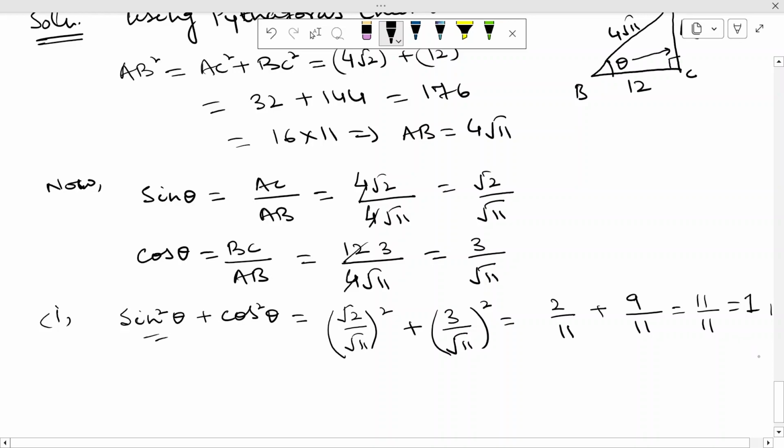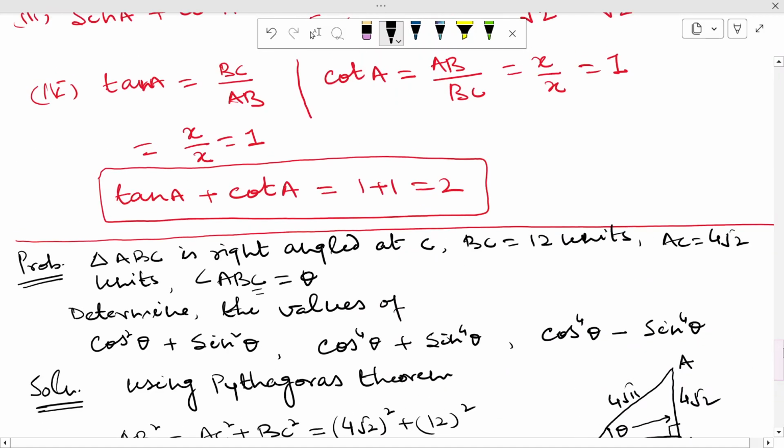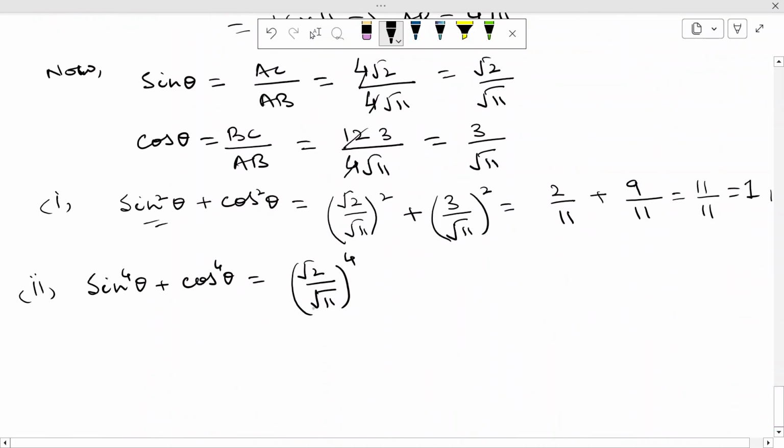Now the second part, we have to obtain the value of sine 4 theta plus cos 4 theta. That will be root 2 over root 11 to the power 4 plus 3 over root 11 to the power 4.